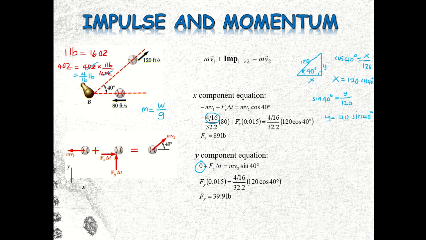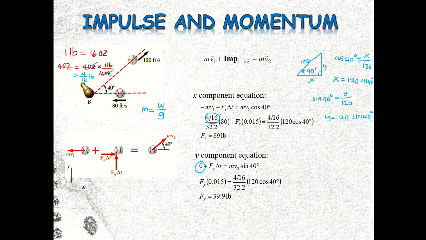So the equation now is f sub y delta t equal to this. Substituting the value for delta t, which is the same as the one we used for the x component, we can now solve for fy. Fy is equal to 39.9 pounds.